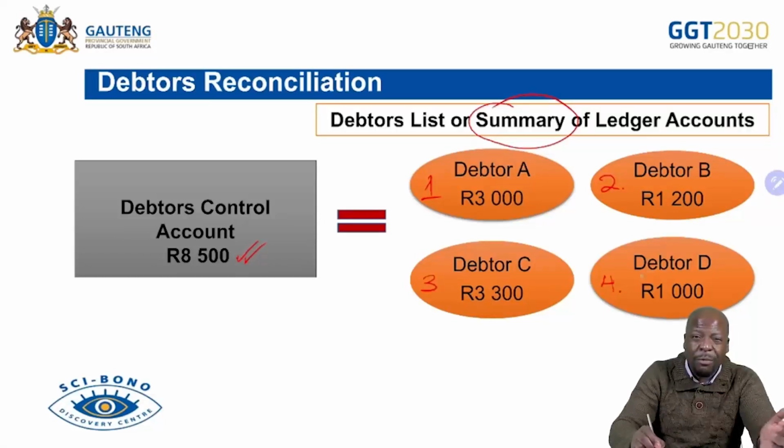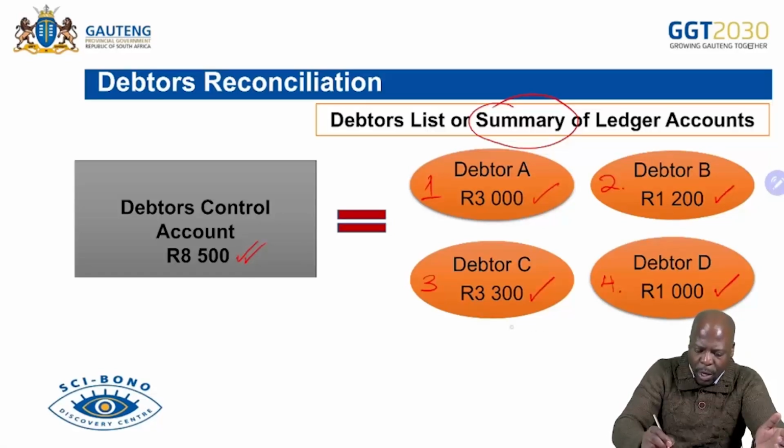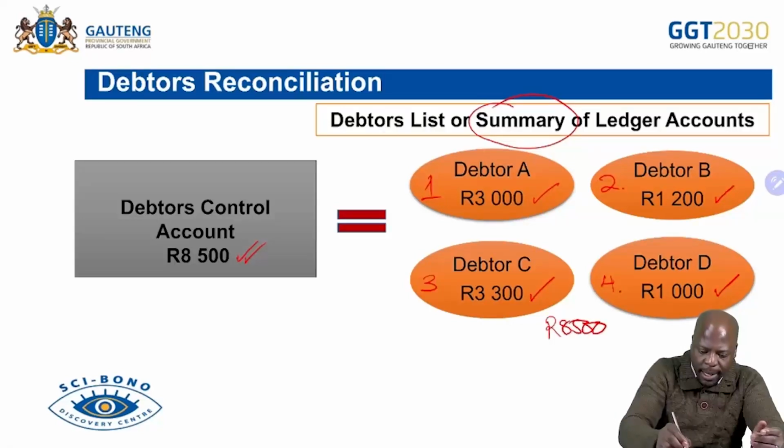So in total we have 4 debtors. And if you add up your 3,000 plus your 1,200 plus your 3,300 plus your 1,000, their total should as well give you 8,500. That simply means the total of your debtors list should be the same as that of your debtors control account.